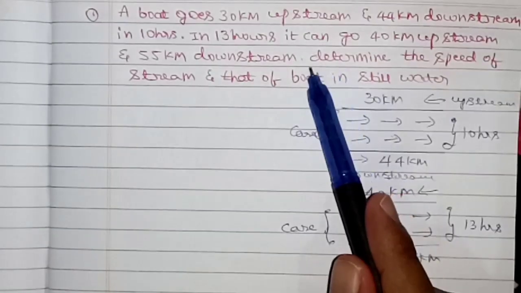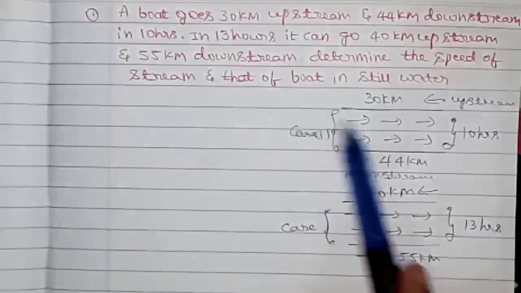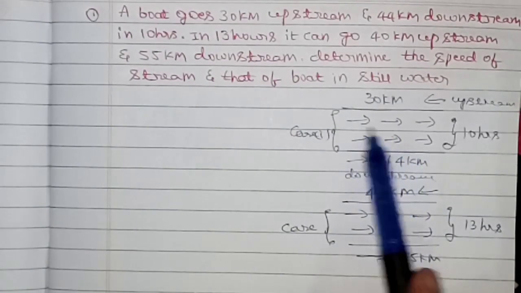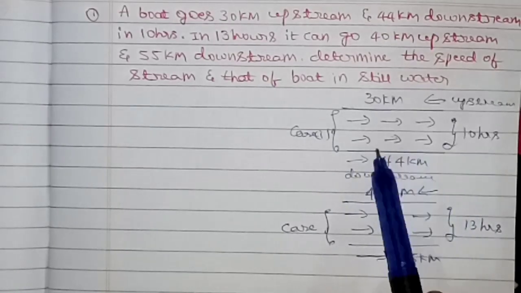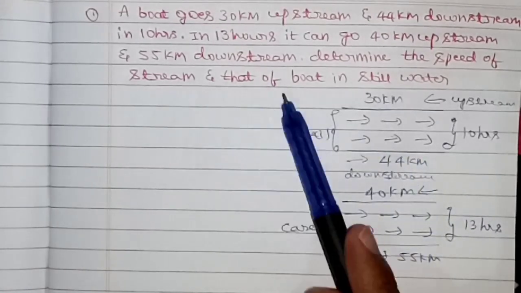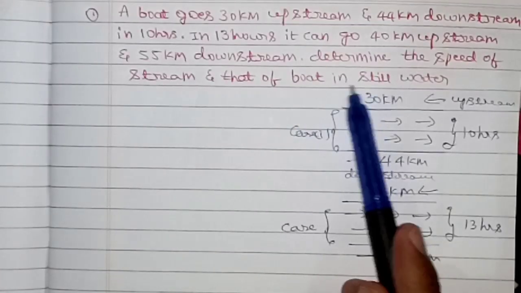To find the speed of the stream, what is the meaning of stream? You need to find the rate of speed of the water which flows. And also you need to find the speed of the boat in still water.